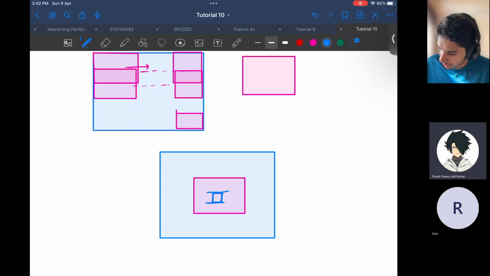Because your kernel is two dimensional, it is not only looking at this pixel, it is also looking at the neighboring pixels.